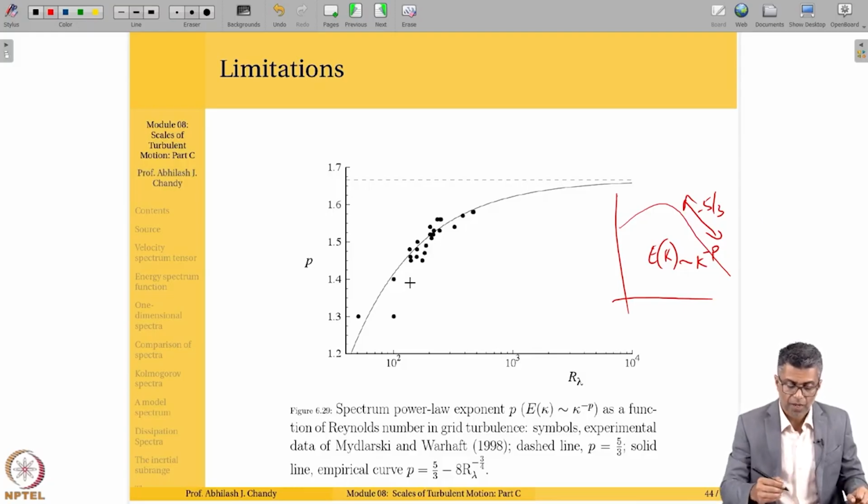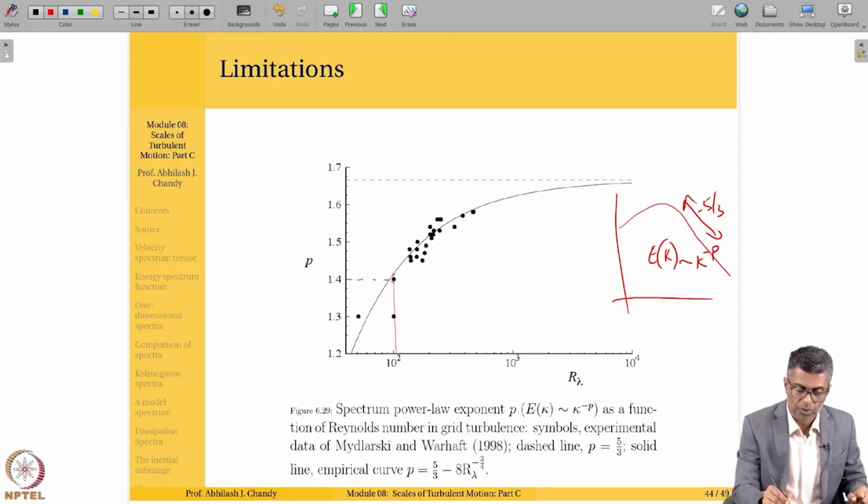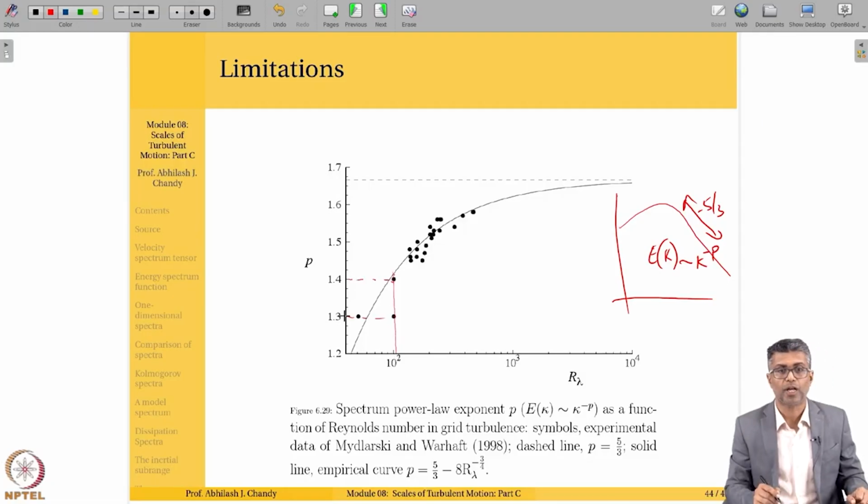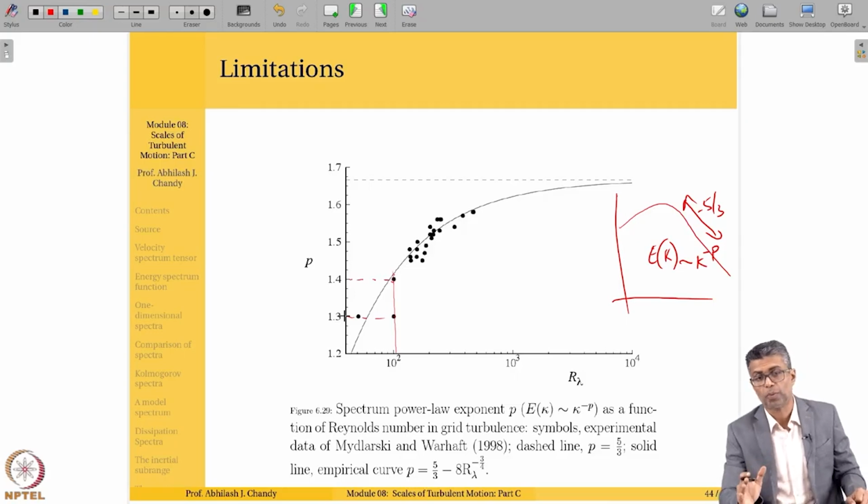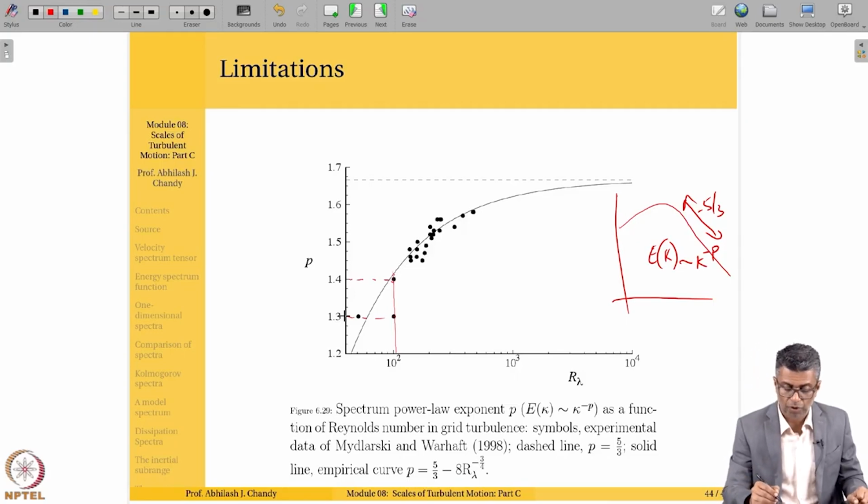As you can see, if I have an R lambda of approximately 100, my P values are like 1.3 and 1.4, not close to 1.67. So this is 100, this is 200, this is 300, this is 400.